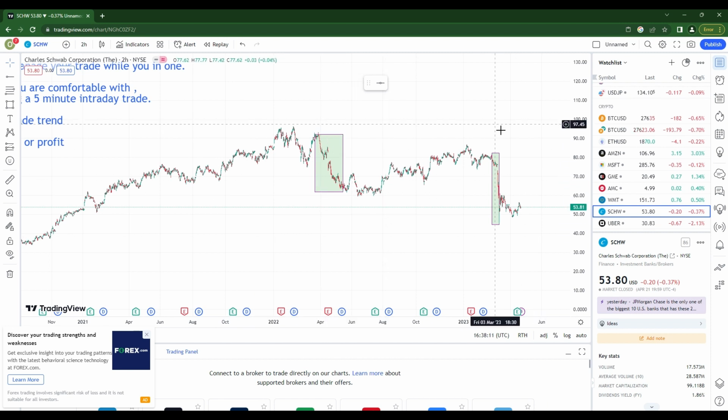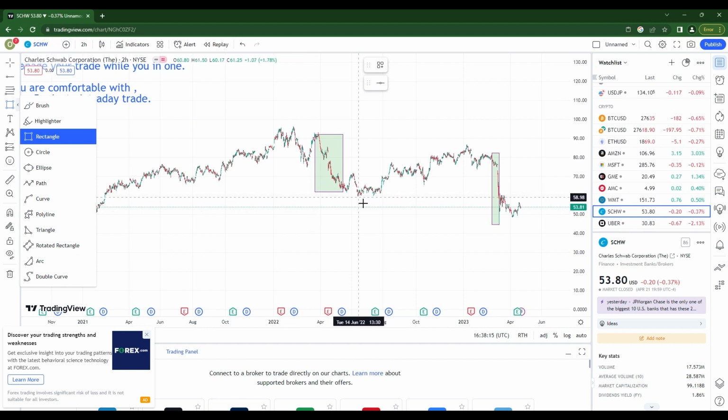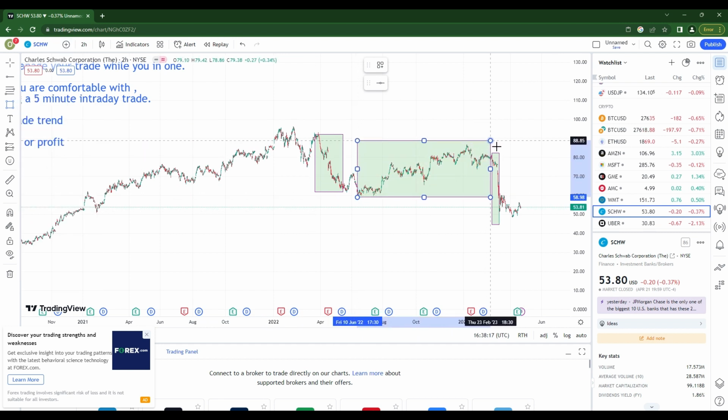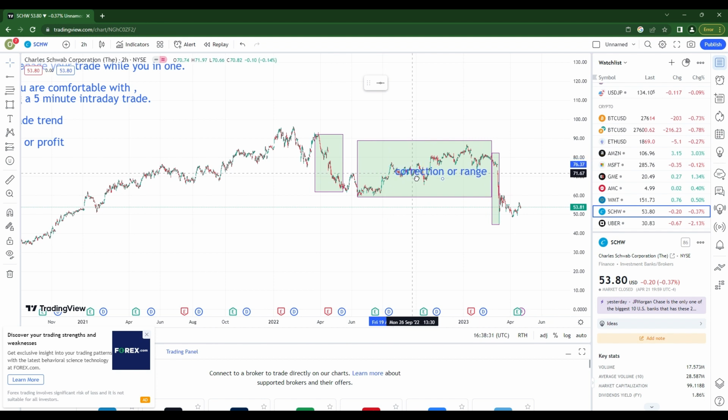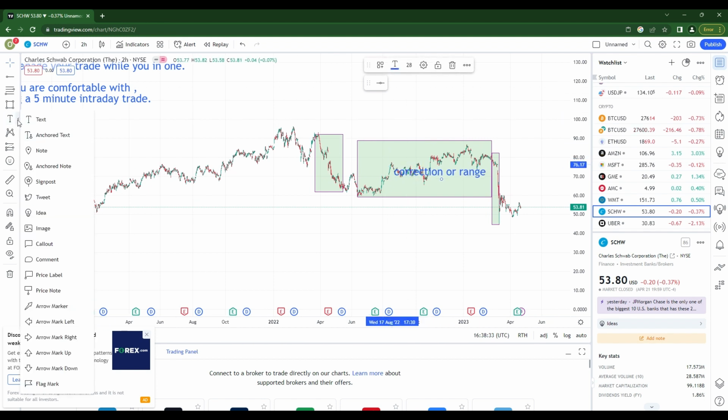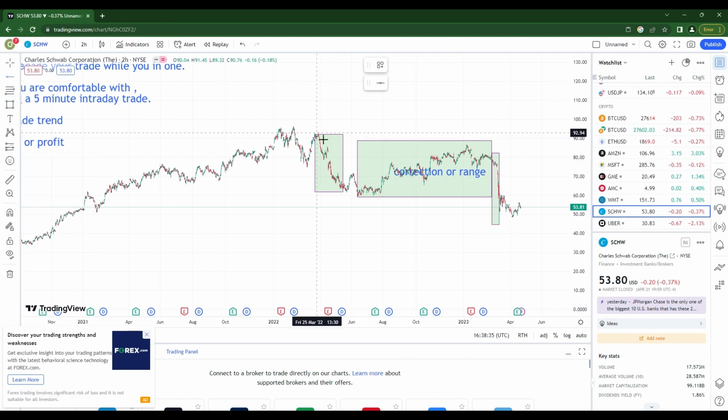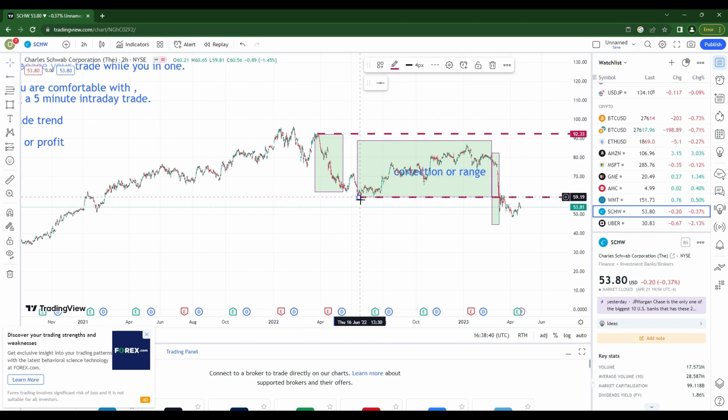It's one trend, two trend, and all this here in the 2 hours for me is considered corrections or range, however you want to name it. Some people call it correction, others call it range. The market is trading in range, and the range here would be this one. This is the high, and this is the low. So from here to here, this is a correction or range.